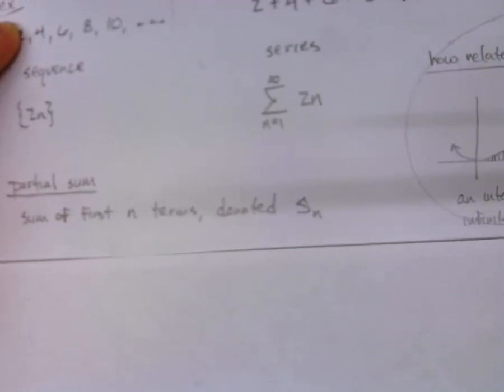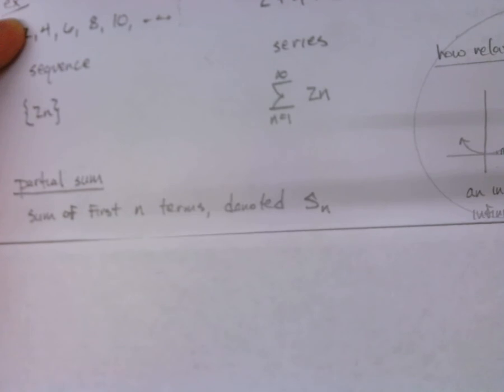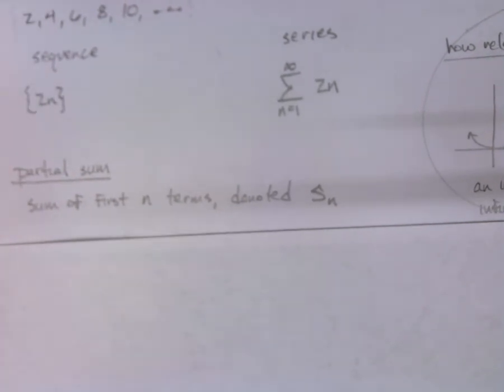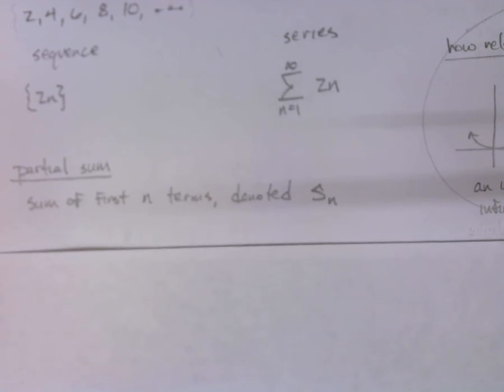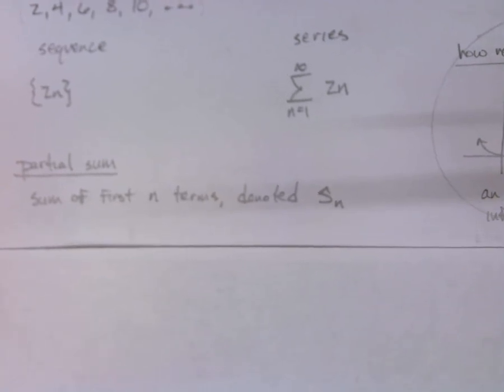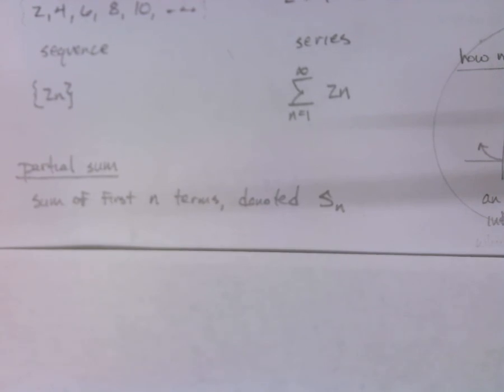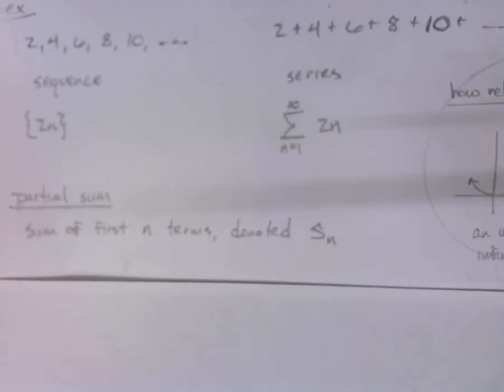But the truth is, we've actually done them before when taking definite integrals. Okay, so here's the beginning of the discussion on how we find out what all of those infinitely many numbers will add up to in a series.